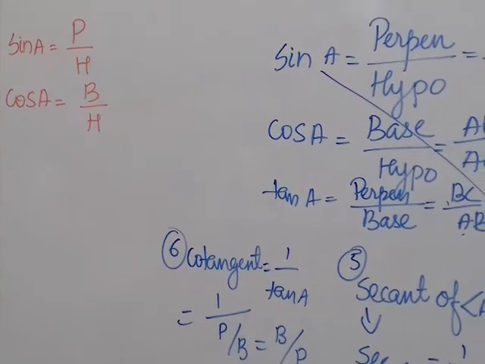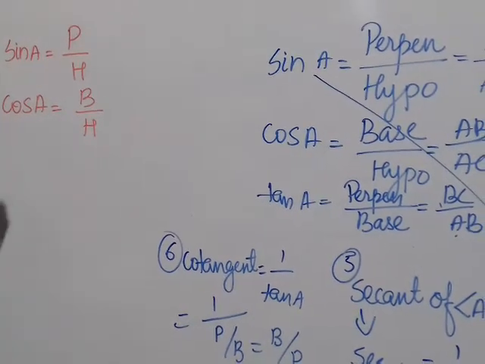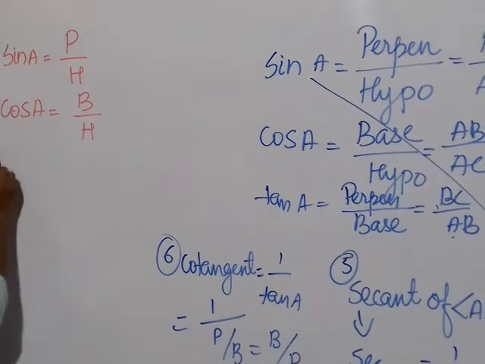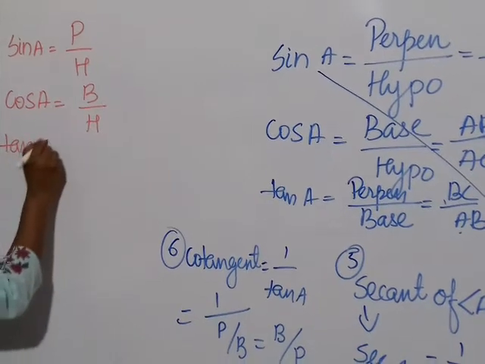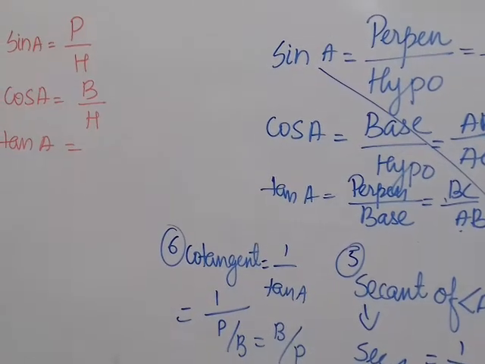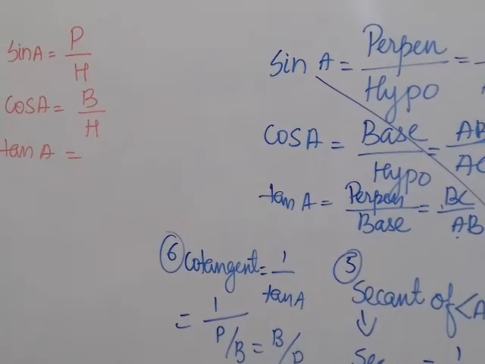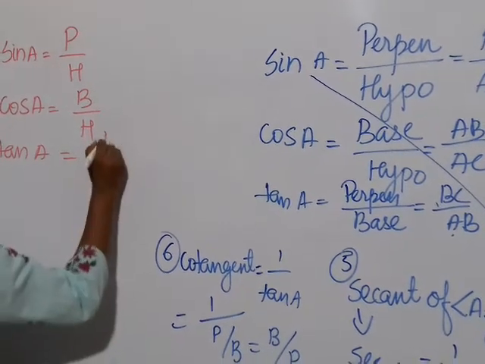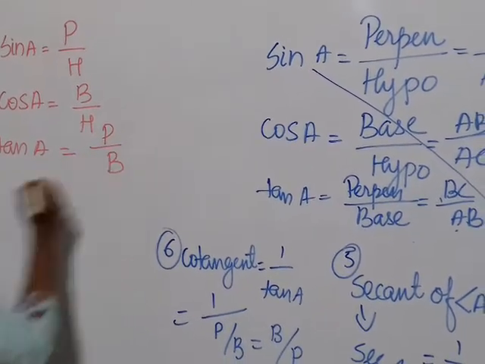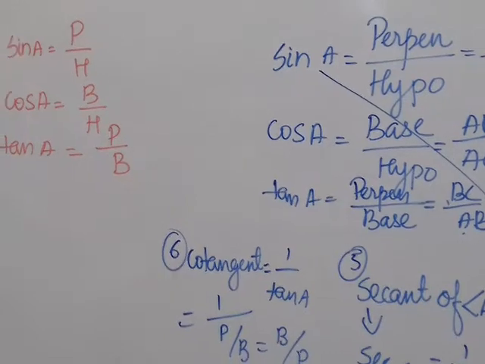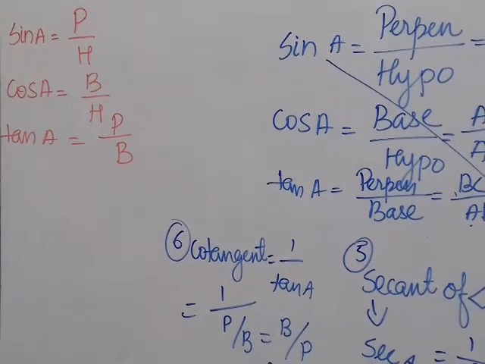Base. What is H? Hypotenuse. Tan A is equal to P by B, that is perpendicular divided by base.